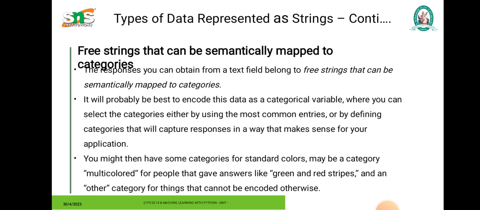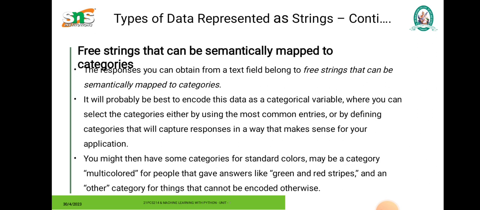So it will probably be best to encode this data as a categorical variable, where you can select the categories either by using the most common entries or by defining categories that will capture responses in a way that makes sense for your application.